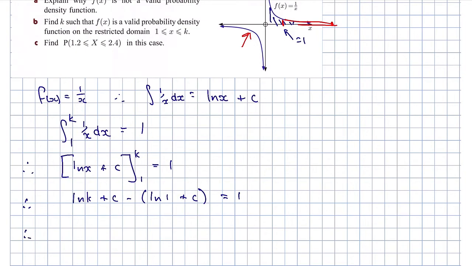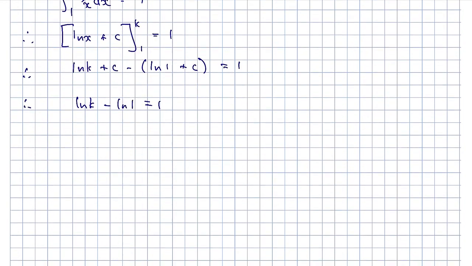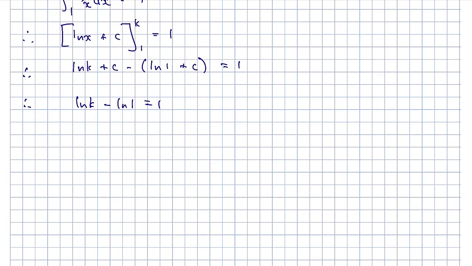So we've got ln k take ln 1 equals 1. Remembering back to our log rules, ln of 1 is 0, so ln k equals 1. To remove the ln, we do e raised to the ln k, therefore k is equal to e, or e to the 1. So we've got that value.